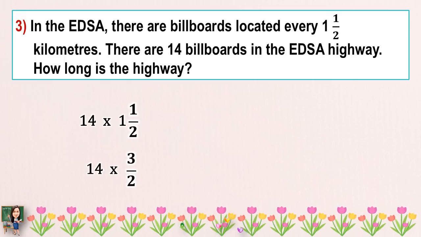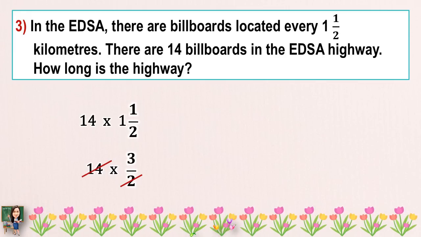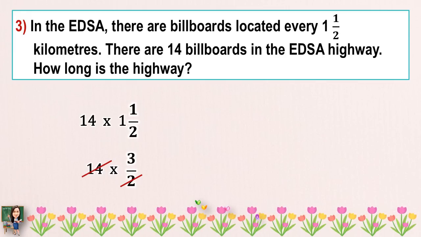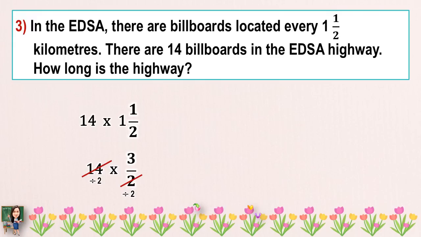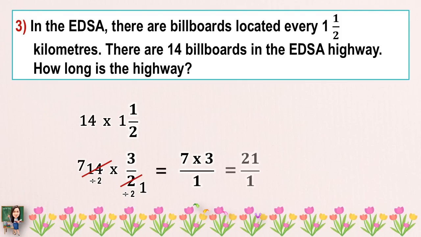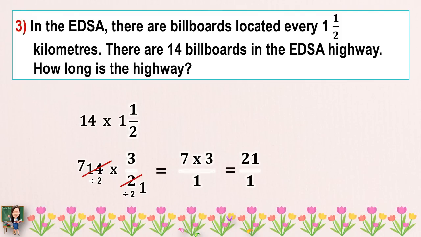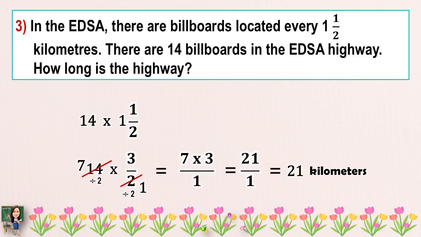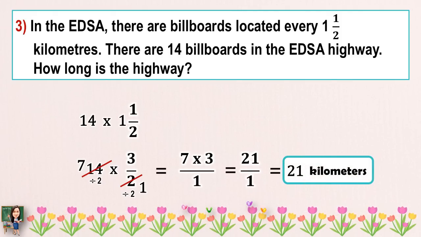Use the cancellation method. Then find the GCF of 14 and 2. The GCF is 2. 14 divided by 2 equals 7. Then 2 divided by 2 equals 1. Then multiply. 7 times 3 equals 21 over 1. 21 divided by 1 equals 21. So the highway is 21 kilometers long.